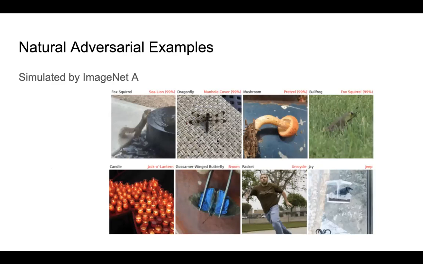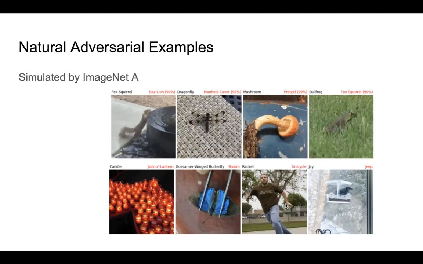If we see this dragonfly on this doormat, a ResNet predicts that this is a manhole cover with 99% confidence rather than a dragonfly, because the patterns of the doormat and the patterns of a manhole cover are pretty much similar. So it's very difficult for the model to predict which is which.